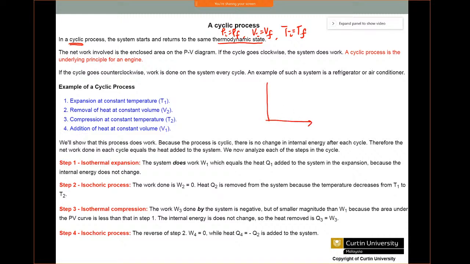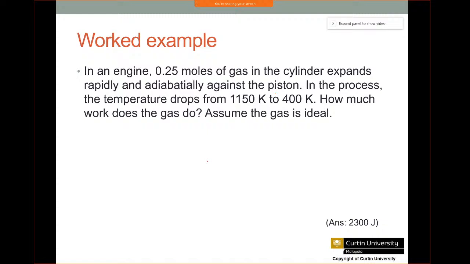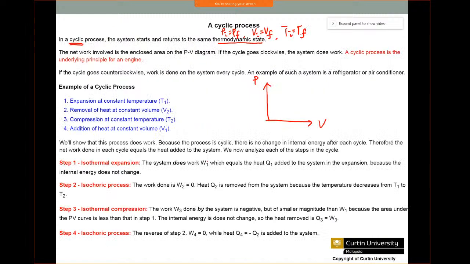So let's say we have P versus V. If you want to draw this graph, here, okay, so expansion at constant temperature. So this is isothermal expansion. So you can draw a curve, isothermal expansion. Okay, process 1.